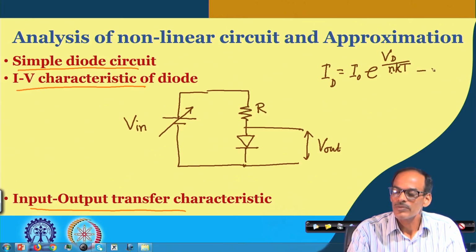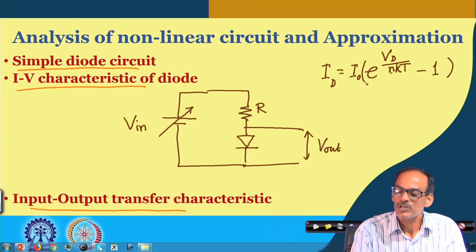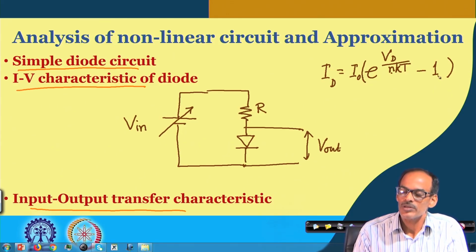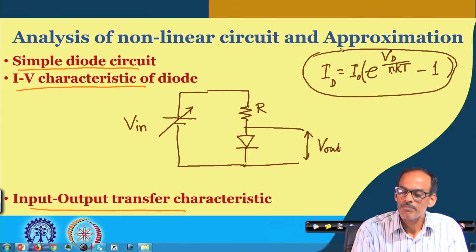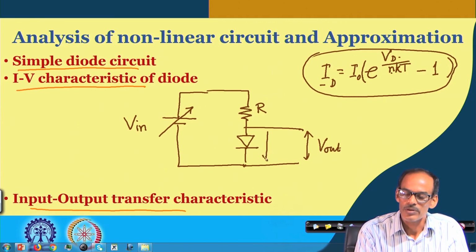Of course, we have another part, minus 1, and this minus 1 part is very important if the diode is in reverse bias condition. So, this is the relationship between the current flowing through the diode and the voltage across this diode. This is the voltage across this diode, and this is the current flowing through this diode.